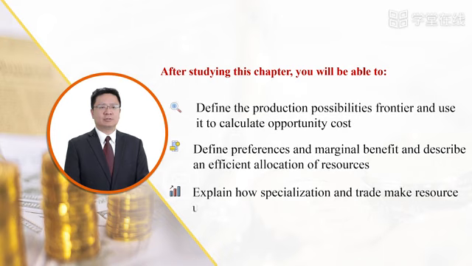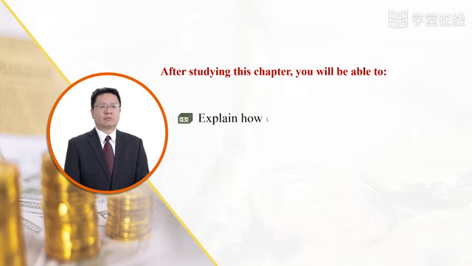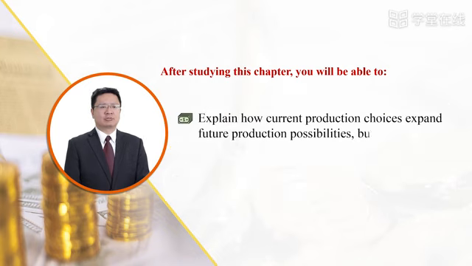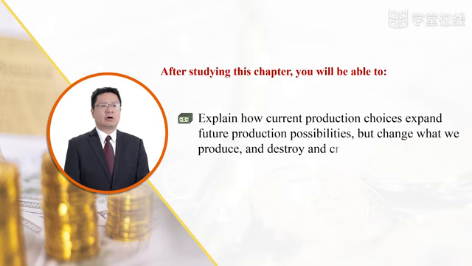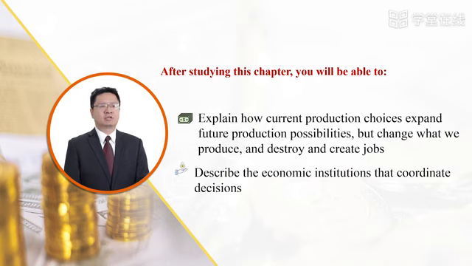The third session is to explain how specialization and trade make resource use more efficient. The fourth session is to describe the economic institutions that coordinate decisions.